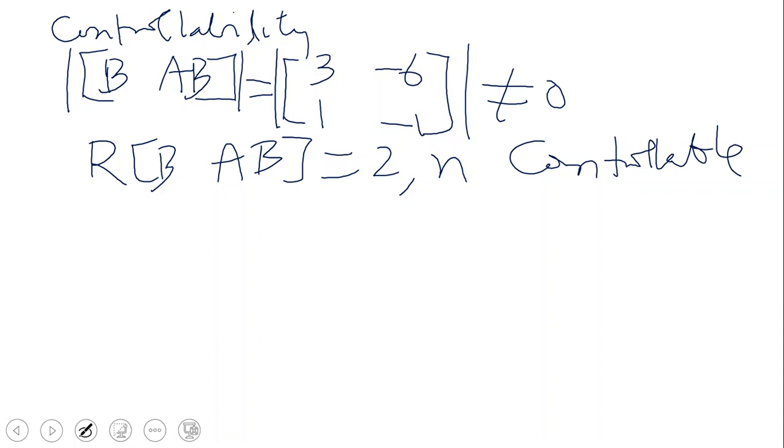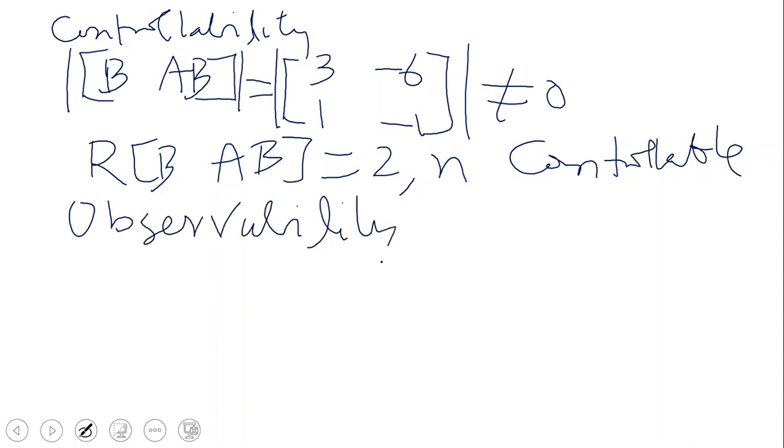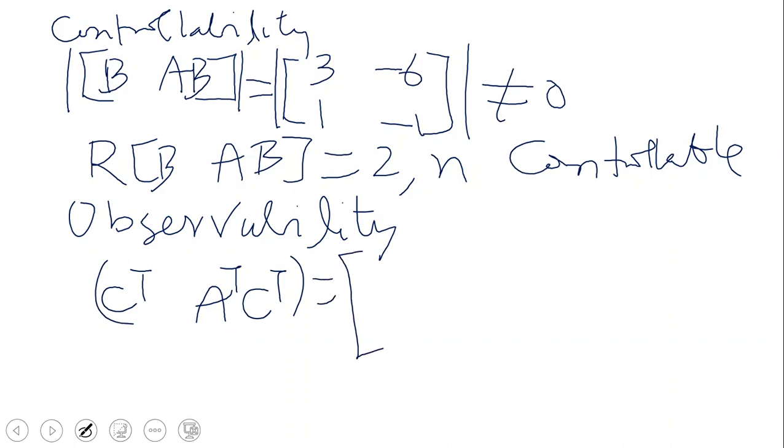How to check observability? We have to check the rank of the matrix CT, ATCT. So we have to find out the transpose of C. Transpose of C is 1, 0.